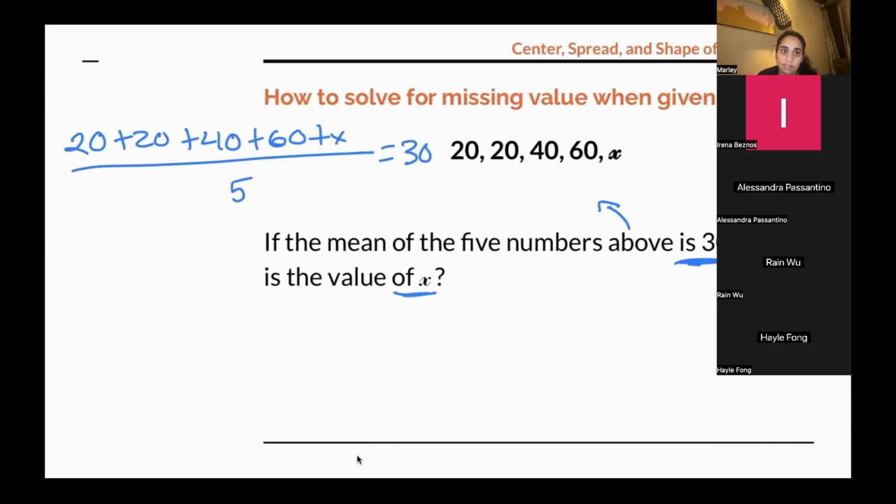If we solve it out, 20 plus 20 is 40, 40 plus 40 is 80, 80 plus 60 is 140. 140 plus X equals 30 times 5, which is 150. We subtract 140 from each side and we get X is 10.